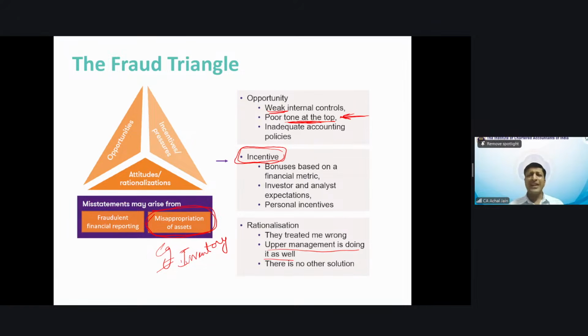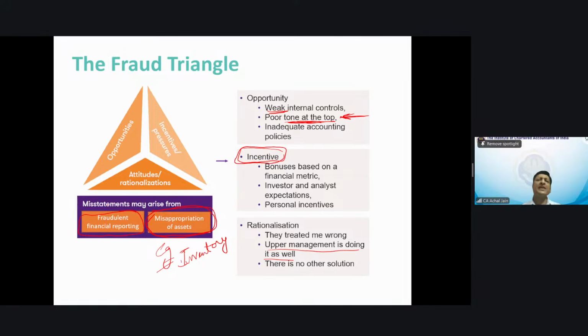And then we have another category which we call fraudulent financial reporting. Now, what is the concern as far as fraudulent financial reporting is concerned?